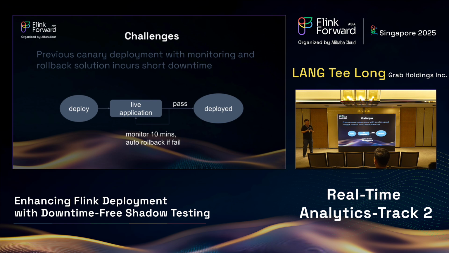During these 10 minutes, the Flink application may run in a transient state, so it could be not performing as expected. If it fails, it will be automatically rolled back. But this 10-minute downtime is quite critical for real-time and stateful applications.